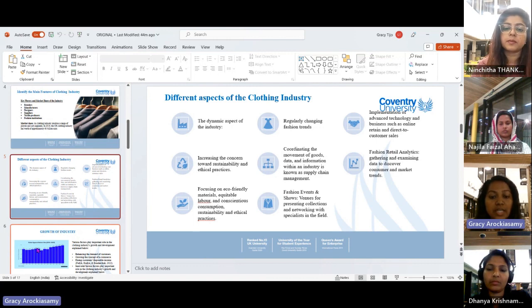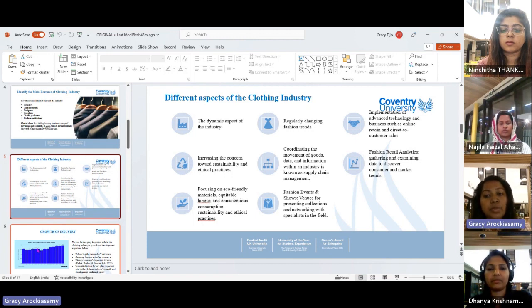Fashion designers study trends, create sketches, select the fabrics, and develop concepts before finalizing the designs. Then marketing and advertising are essential for clothing branding and driving consumer interest in different aspects of the clothing sector.